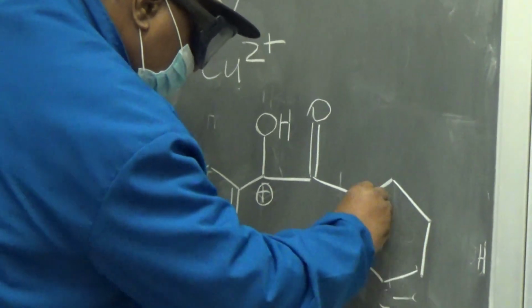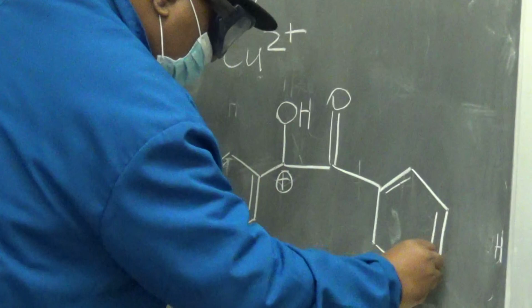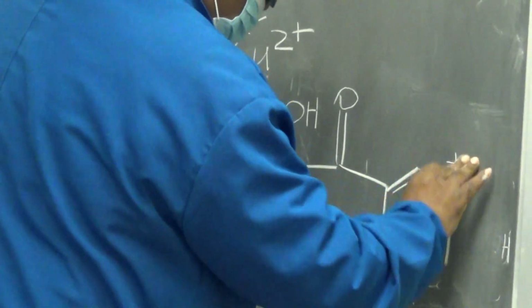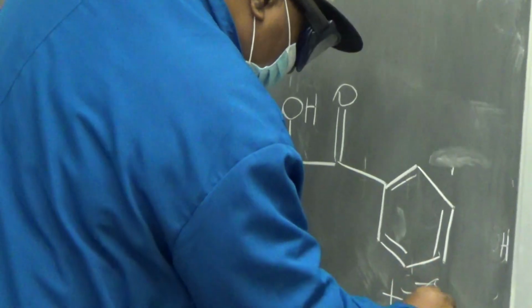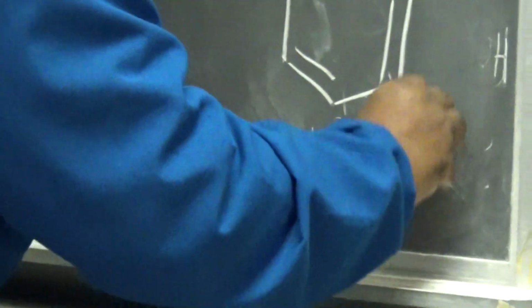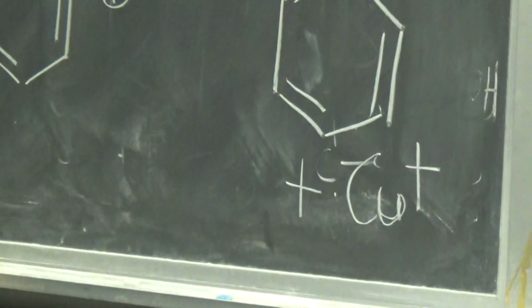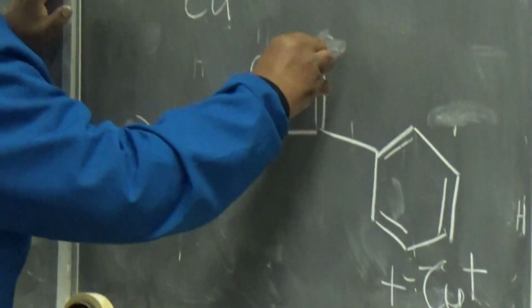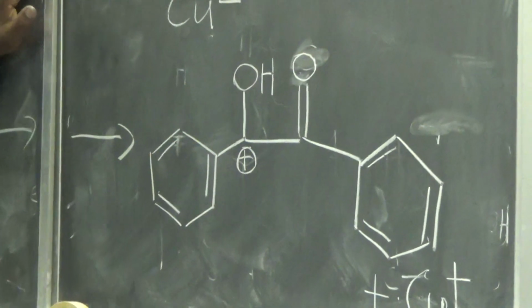Now you're almost done. And you have copper I, which is basically reduced, and that's because you reduced copper II to copper I.